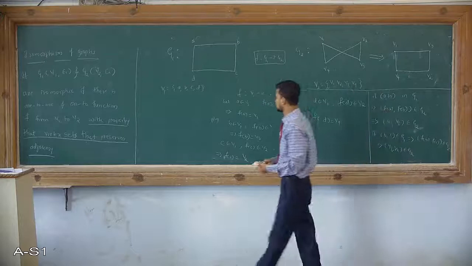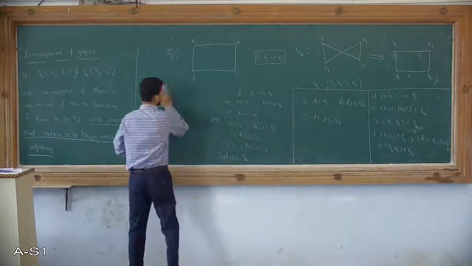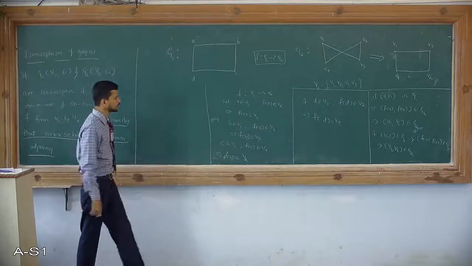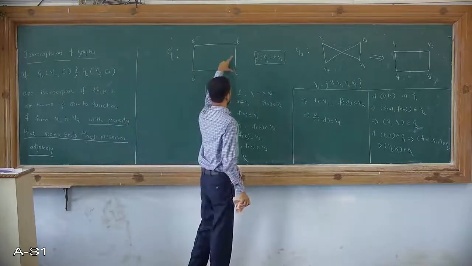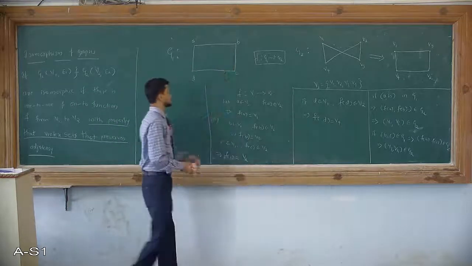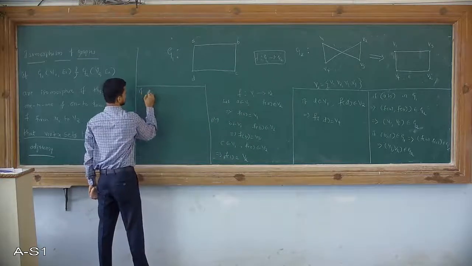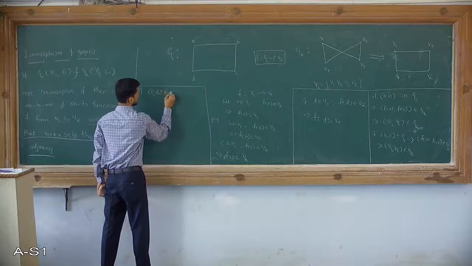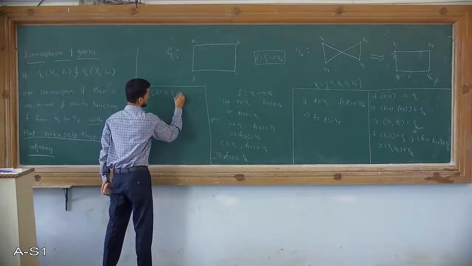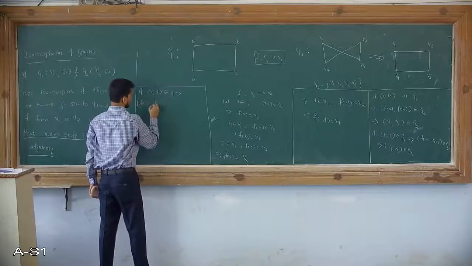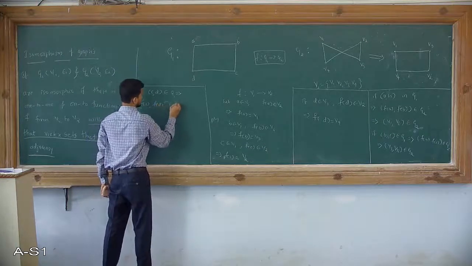So now I will proceed further, because two more pairs still need to be considered. AB is considered, BC is considered. Now I will consider C comma D. If C comma D belongs to G1, which implies f of C comma f of D belongs to graph G2.